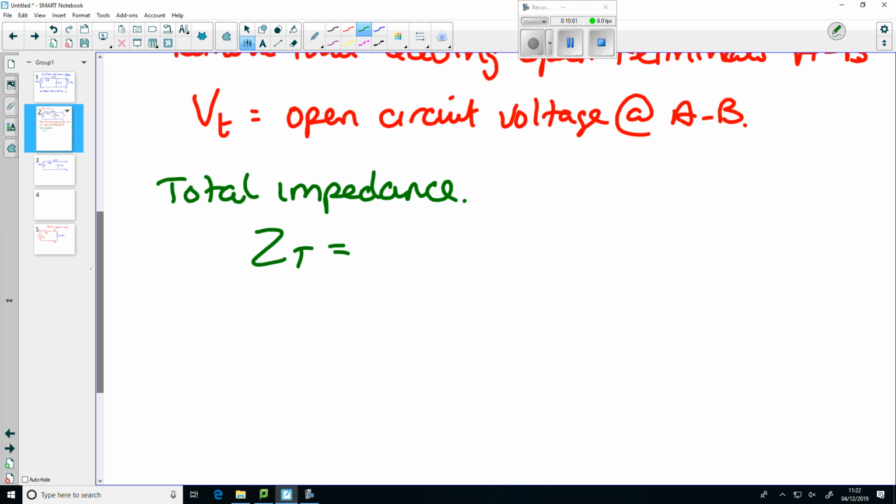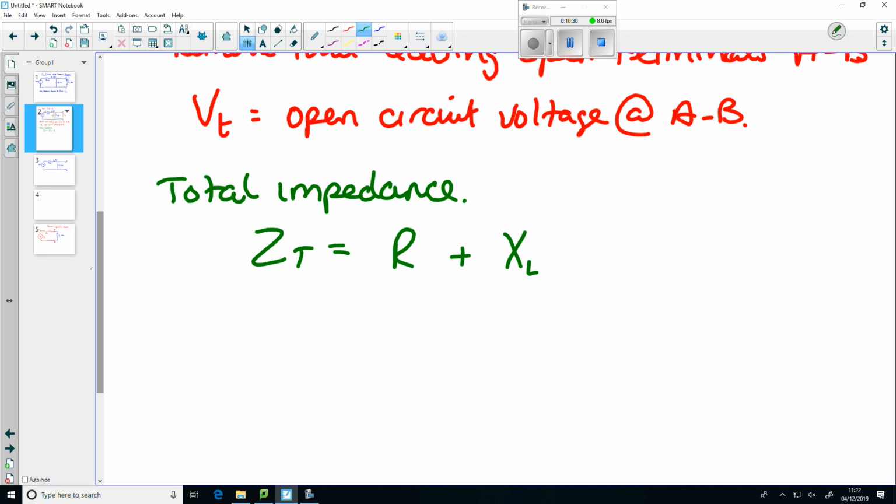So the impedance of the resistor is R. The impedance of the inductor is, impedance of the capacitor is. What do we need to be careful about there though? Yes.